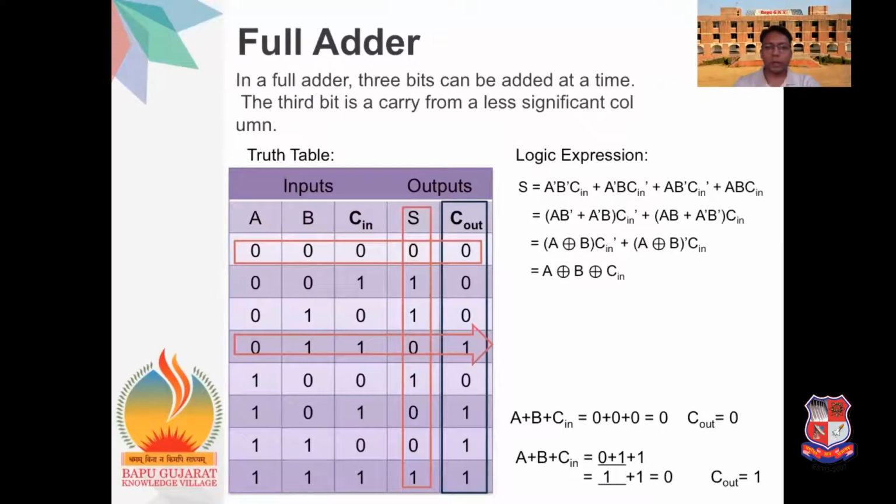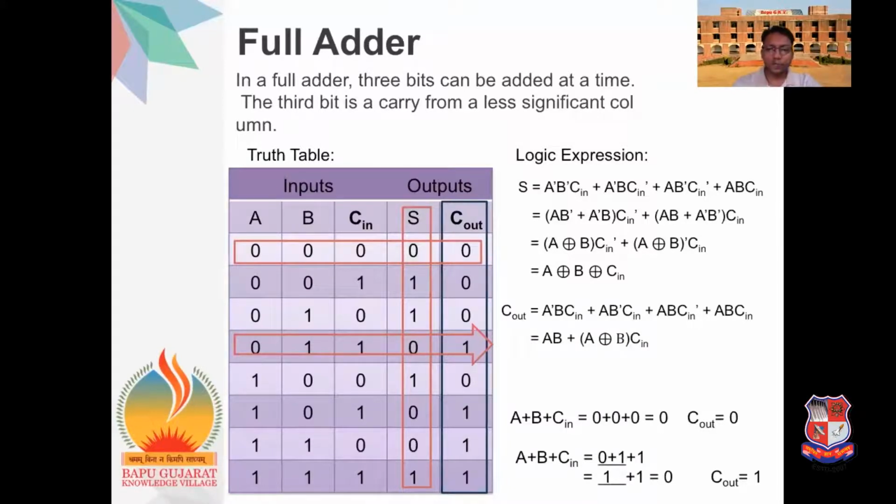Now let's find the expression for the Cout. For Cout there are a total of 4 ones, so write down the 4 input combinations for these 4 ones. Here they are already written on the screen. Now let's simplify these equations.